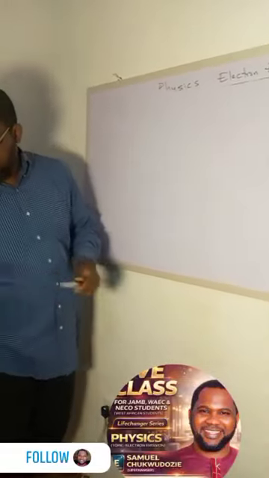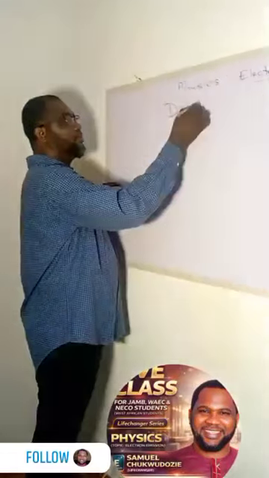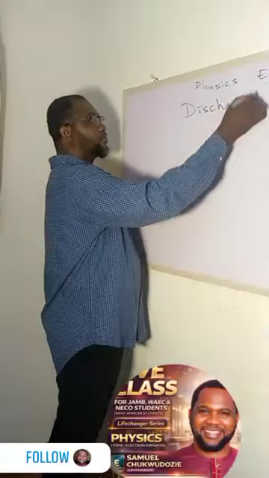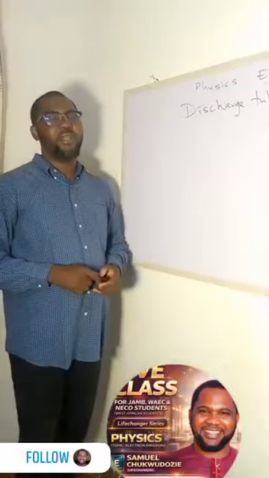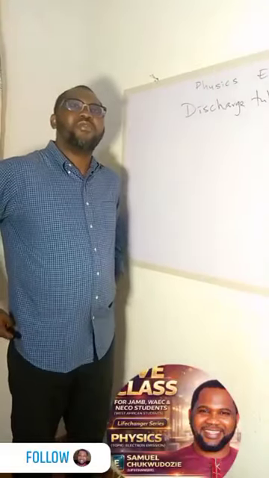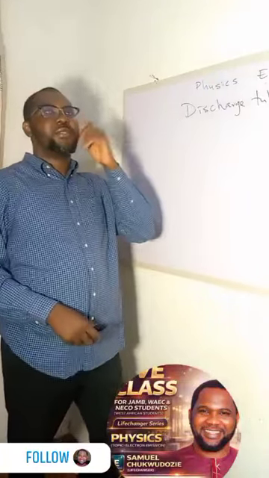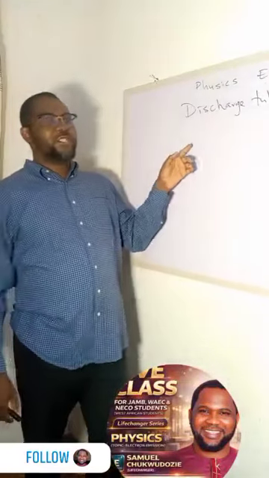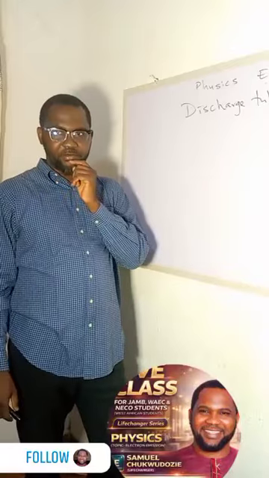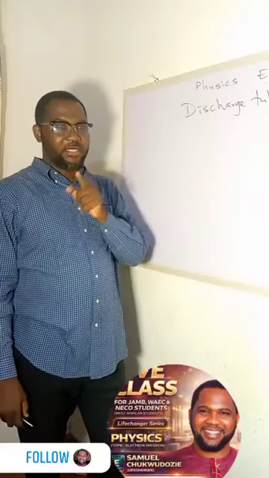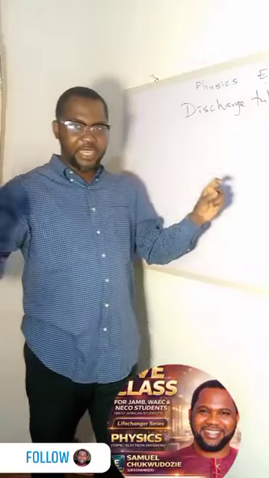Now, the next thing we are going to look at is what we call the discharge tube. The discharge tube also operates under the principle of cathode rays. But the discharge tube tells us something very, very important, and it is actually what is used in creating the fluorescent bulb I explained earlier.